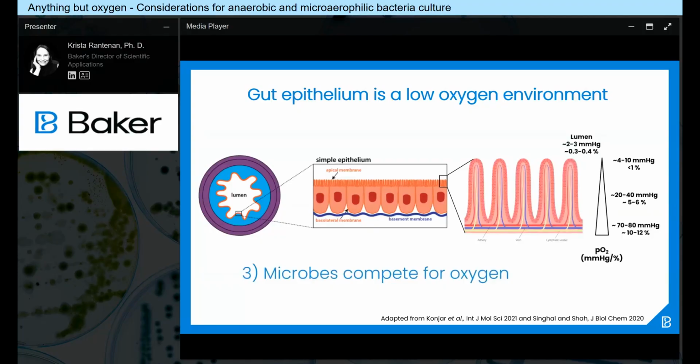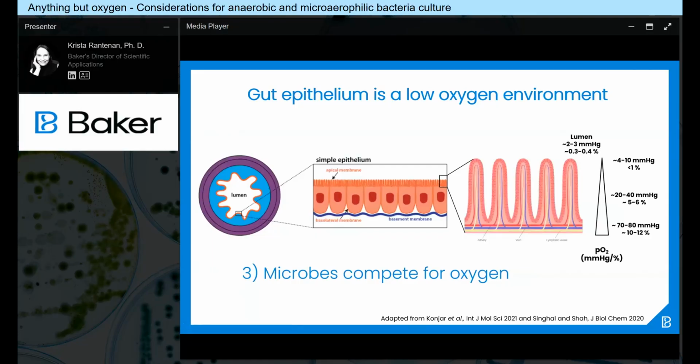And then there are the microbes themselves. The microbial community is very diverse, and they actually compete for oxygen. So three things contribute to low oxygen: blood flow and vascularization, metabolic activity, and the diversity of the microbe community. All create this oxygen gradient, so it is very, very low in oxygen in the lumen.